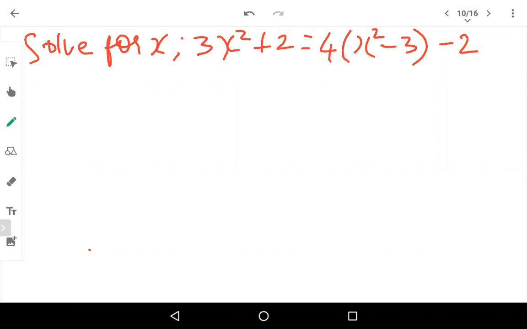Oh, girls are very fast. x is equal to plus 4 or minus 4. Okay, good, good. Others also try. Correct answer, correct answer. Good.